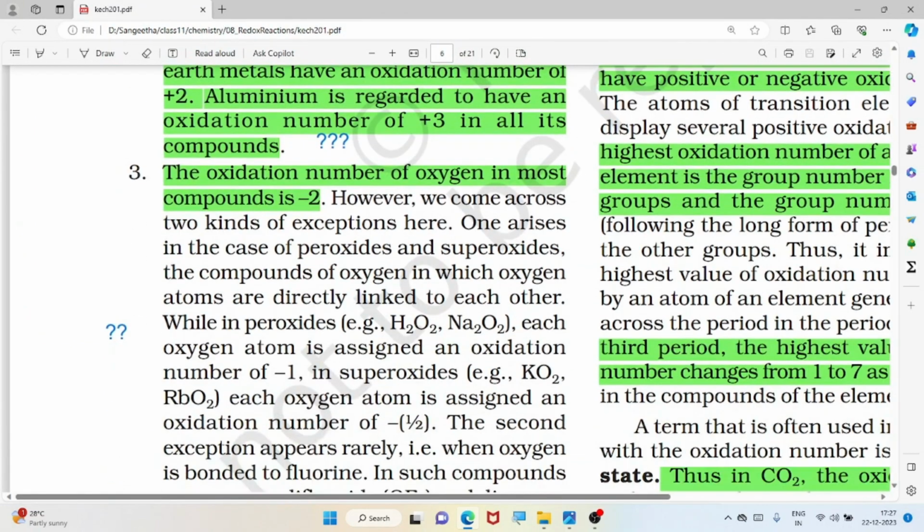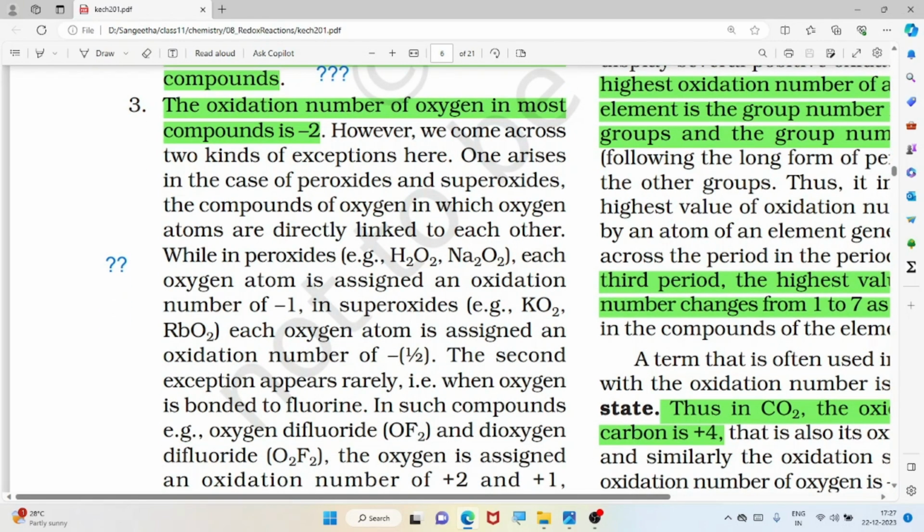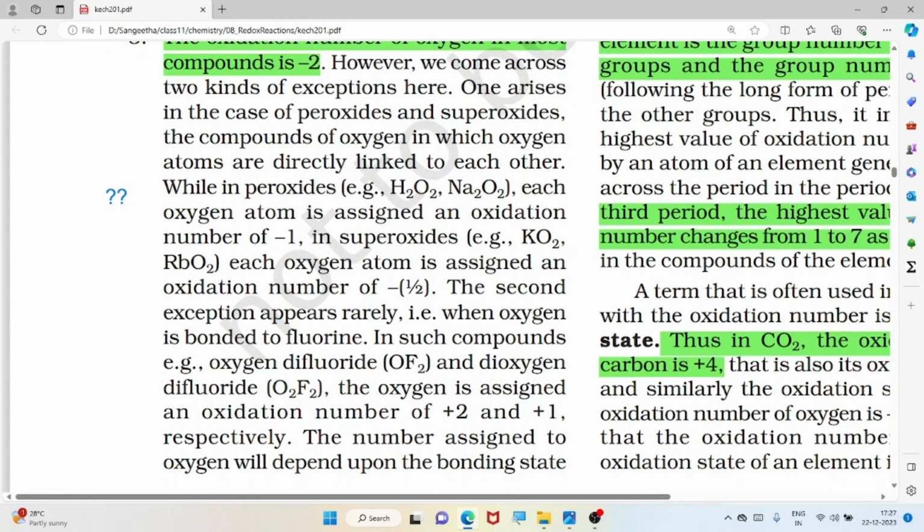Rule number 3: the oxidation number of oxygen in most compounds is -2. However, we come across two kinds of exceptions here. One arises in the case of peroxides and superoxides, the compounds of oxygen in which oxygen atoms are directly linked to each other. In peroxides, each oxygen atom is assigned the oxidation number of -1.